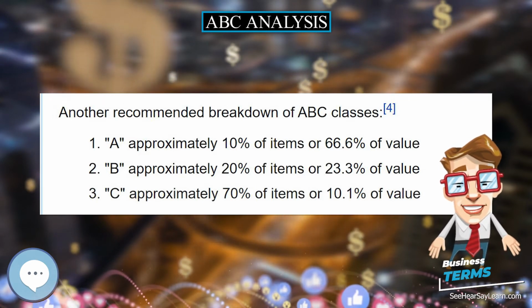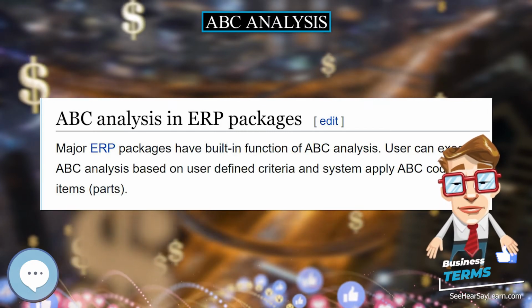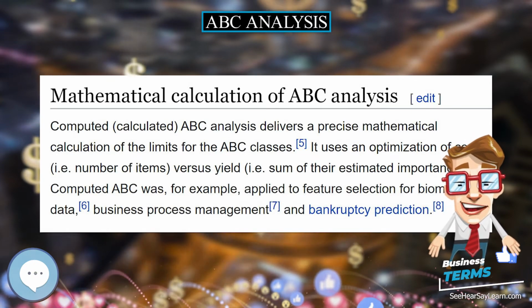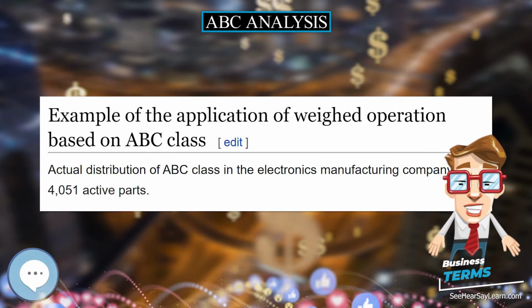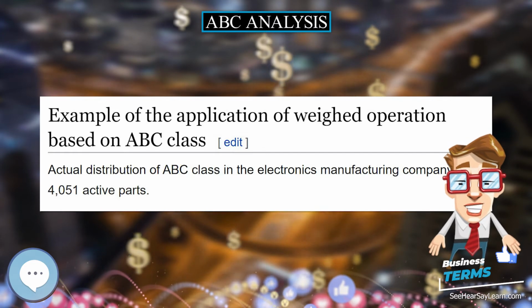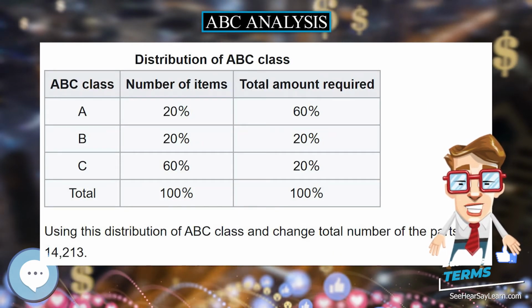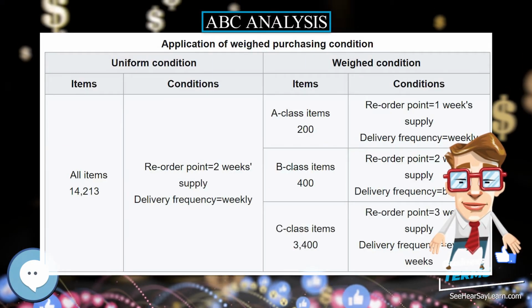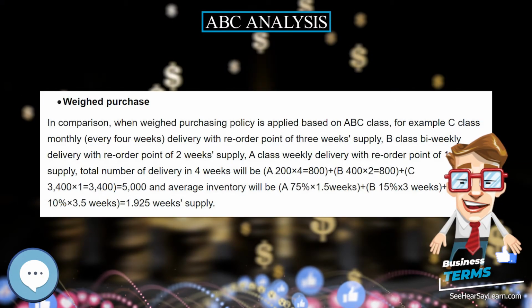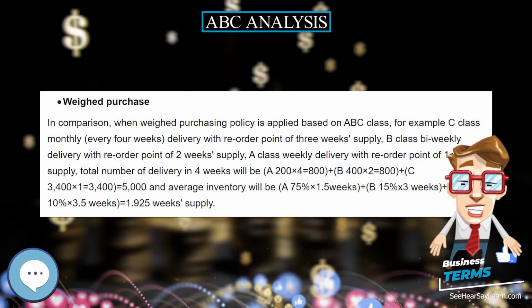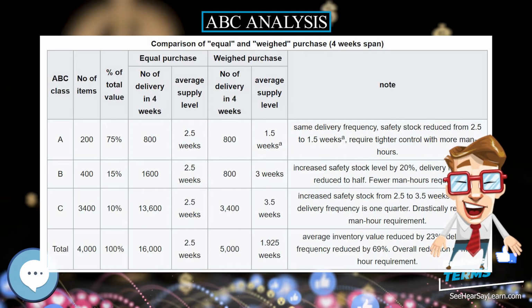In comparison, when a weighted purchasing policy is applied based on ABC class, for example C class monthly, every 4 weeks, delivery with reorder point of 3 weeks supply, B class bi-weekly delivery with reorder point of 2 weeks supply, A class weekly delivery with reorder point of 1 week's supply, total number of deliveries in 4 weeks will be: A 200 times 4 equals 800, plus B 400 times 2 equals 800, plus C 3,400 times 1 equals 3,400, equals 5,000.